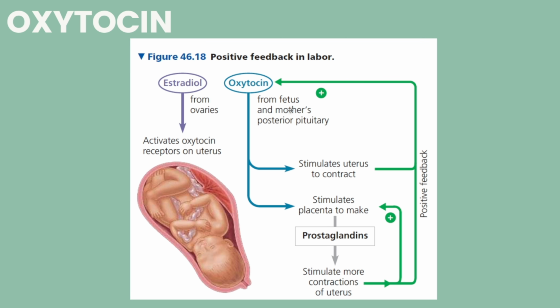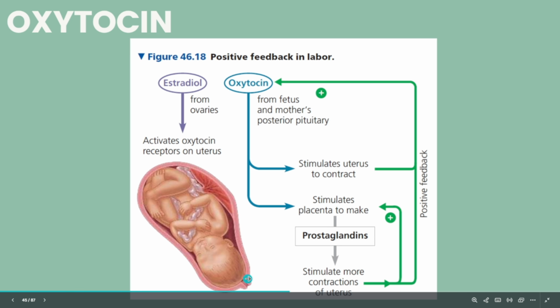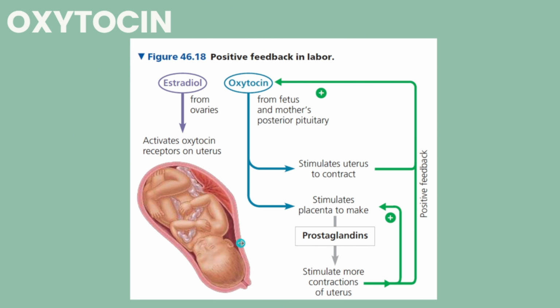So when the parturition process happens, your fetus starts to push against the cervix. The cervix is here. They start to push against the cervix, which stimulates the stretch receptors in the cervix.